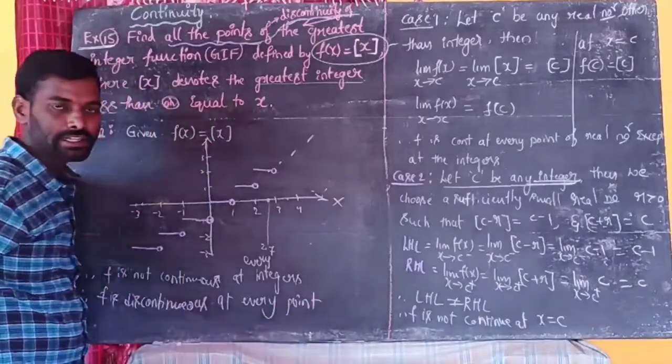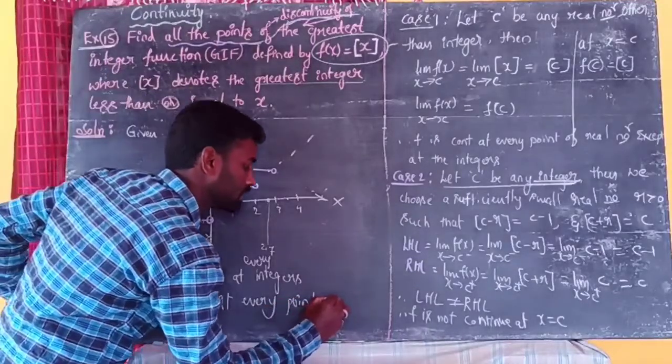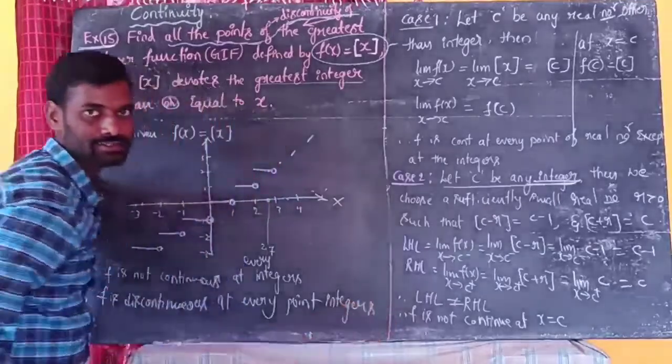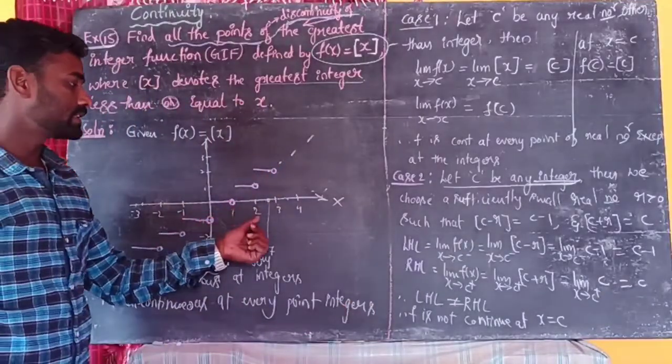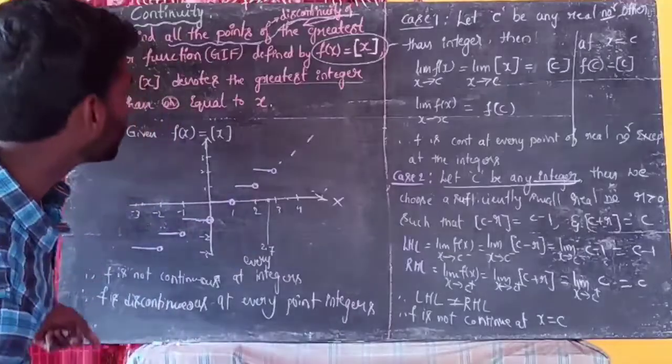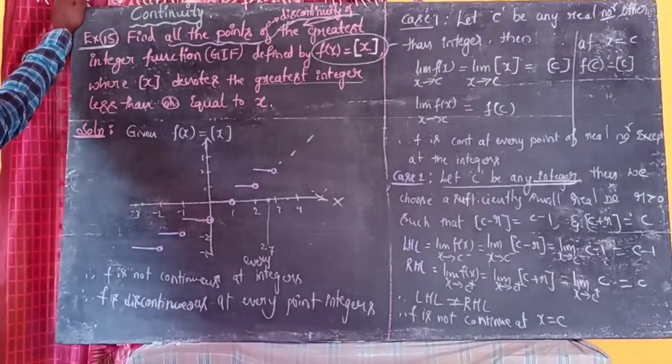F is discontinuous at every point of integers, and F is continuous at every point other than integers. This is the solution. Okay, now let us go for our next question, guys.